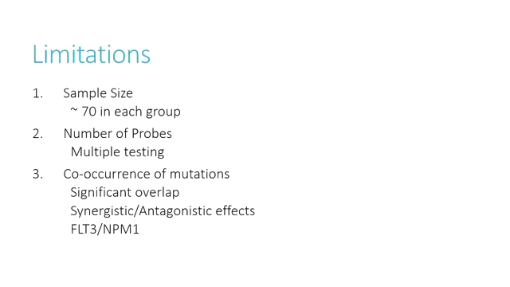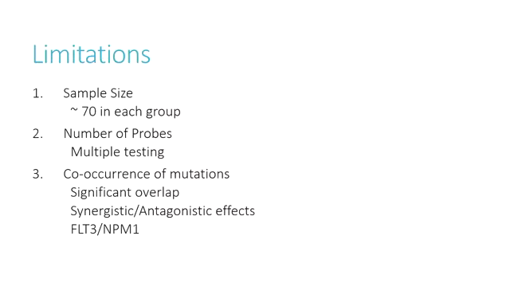Lastly, there's a large co-occurrence of mutations, as shown in the figure before, with significant overlap. With that too, a lot of these mutations have different overall effects. Mutations in DNMT3A usually lead to hypomethylation, while mutations in the demethylation genes lead to hypermethylation.